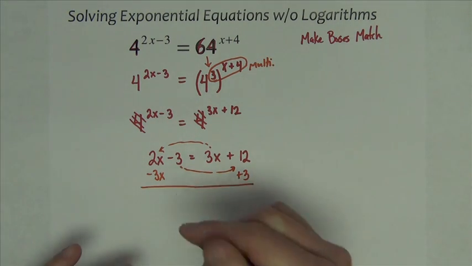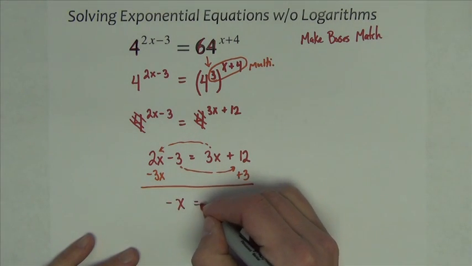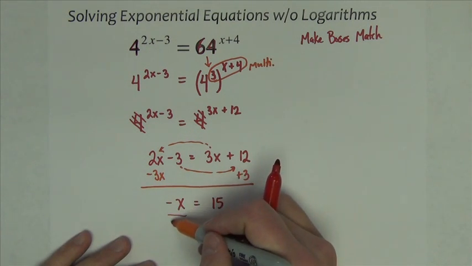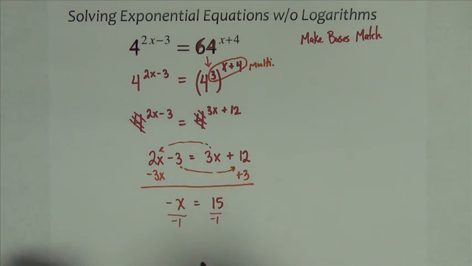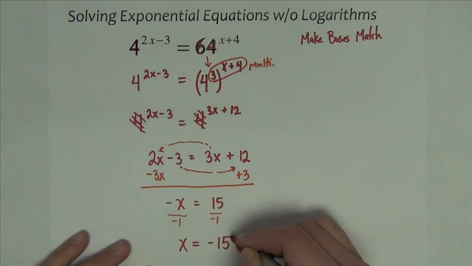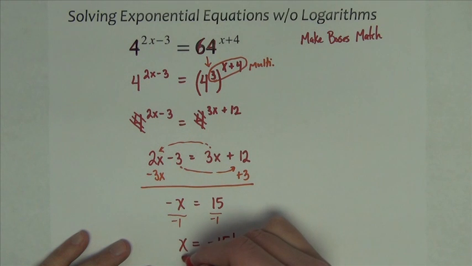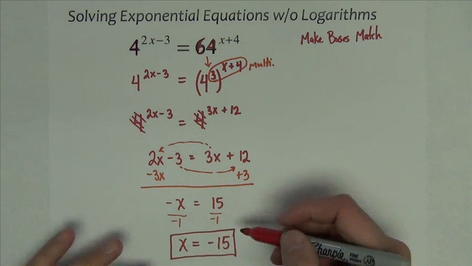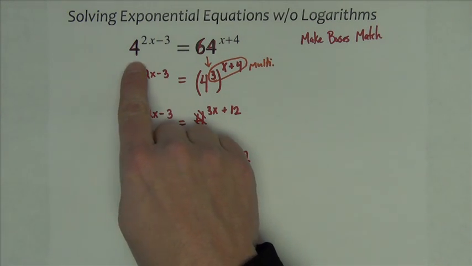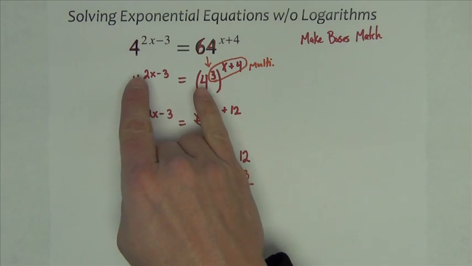That gives me negative x equals 15. We'll divide by negative 1, and we get x equals negative 15. That is solving an exponential equation without the use of logarithms, and I do that every single time I notice that the bases can be made to match.